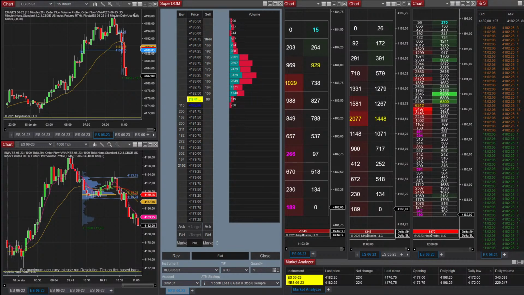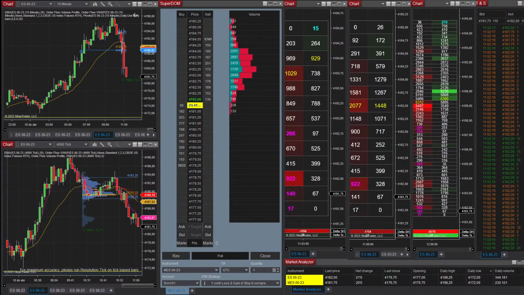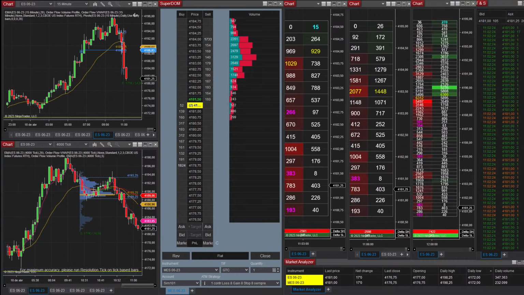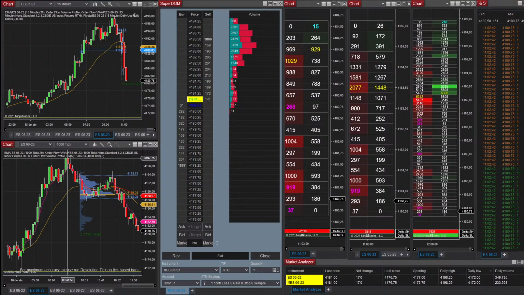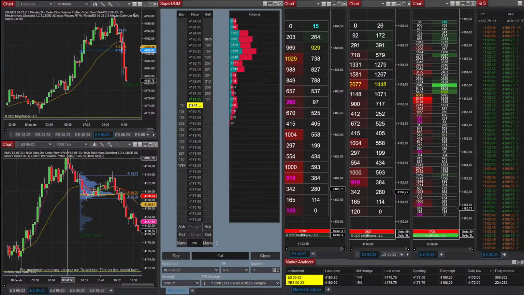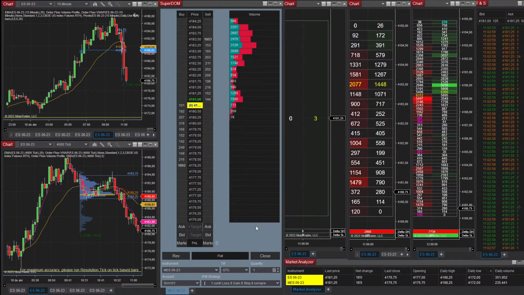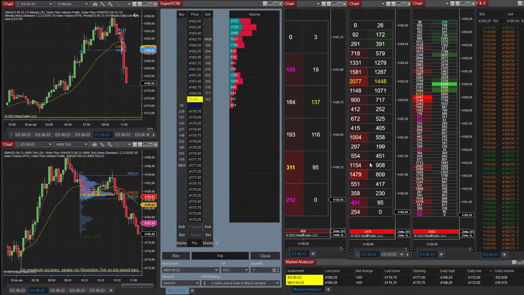Let's see here if sellers will be able to keep the pressure. They were able to hold price 7 points below the previous congestion, previous lateralization. But we are seeing that all the time buyers are absorbing.